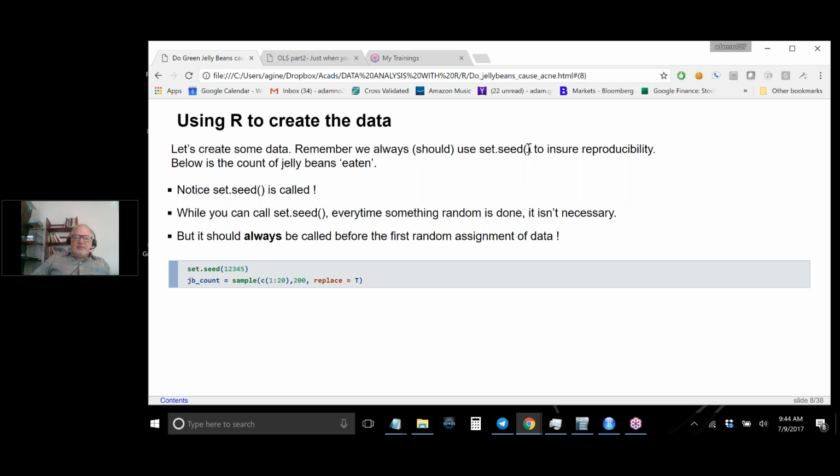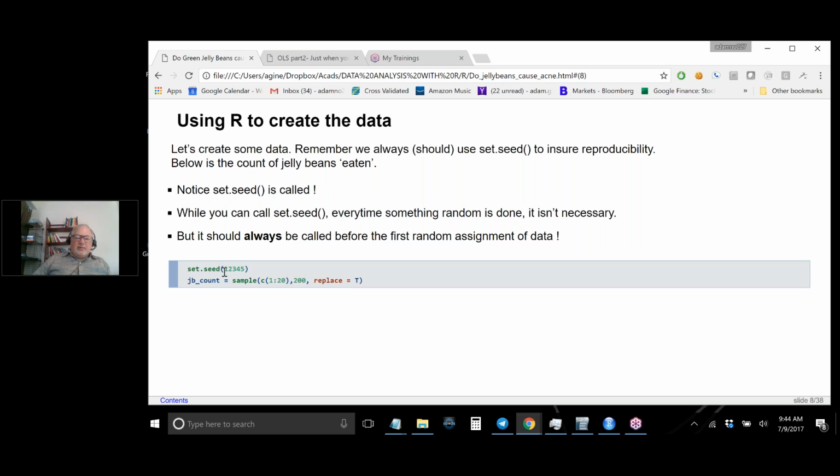Basically, when you set the seed, it says start from this spot and now start creating the random numbers. Because it's only pseudo-random, every time you set the seed to that spot, it'll create the same set of random numbers. So in other words, if you use set.seed, you will get the same results every time. If you want your data to be reproducible, you should always set the seed.